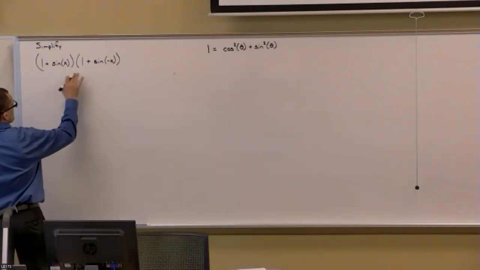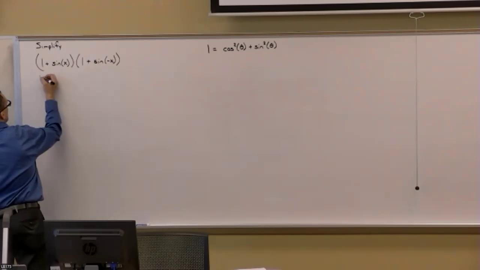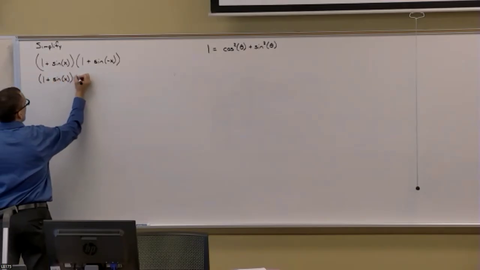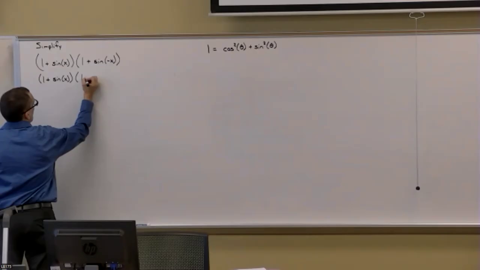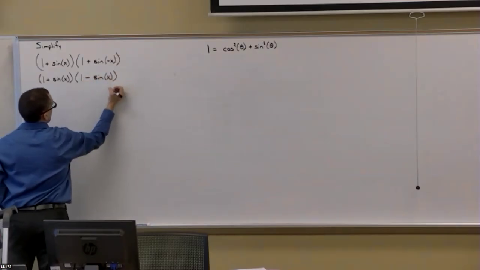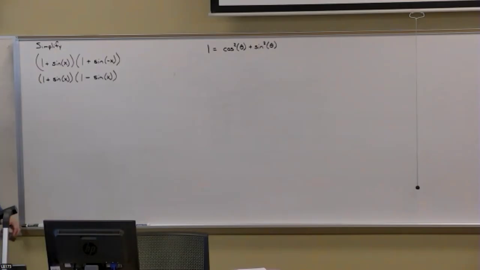All right, what I would do is I'd probably rewrite this using the even-odd identity. That would be 1 minus the sine of x in the right hand expression. Since sine is odd, I can pull out the negative on the outside.